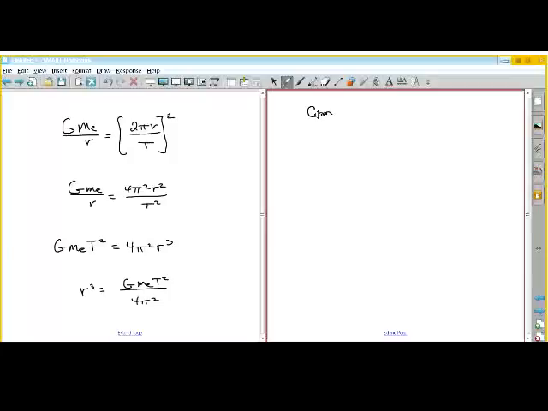Now, there's the general centripetal acceleration. Centripetal acceleration happens when you have an object that's moving in a circle of some sort. And it doesn't have to be attached. You could have a car going in a circle. You could have a planet going in a circle. You can actually have an attachment where you'd have a ball on the end of a string going in a circle.